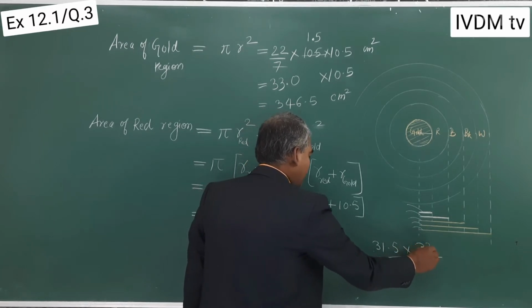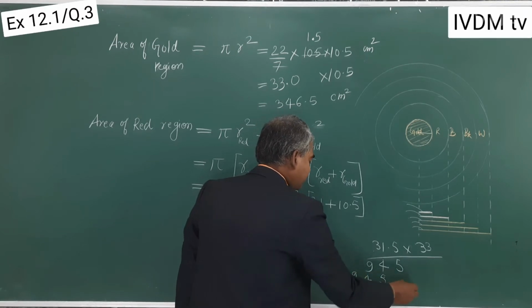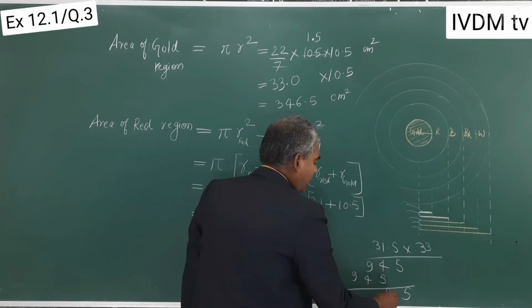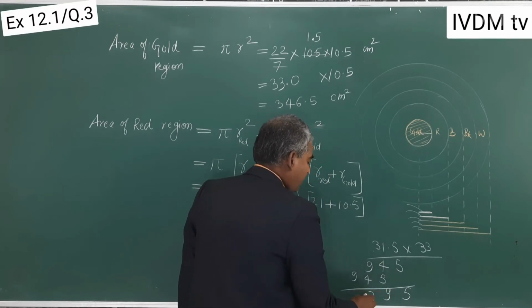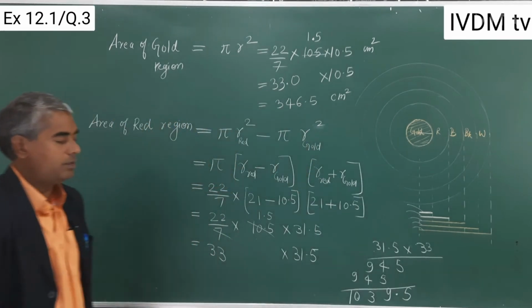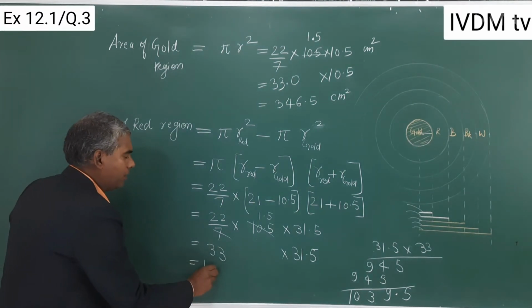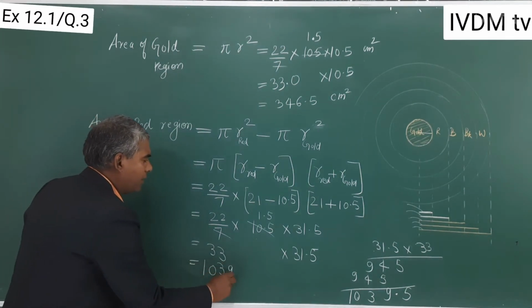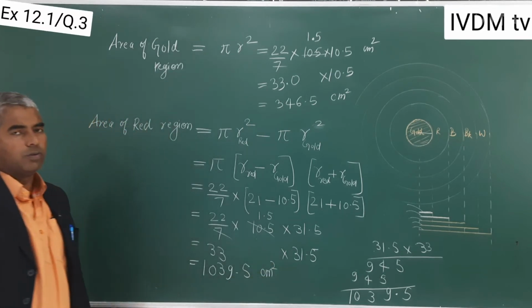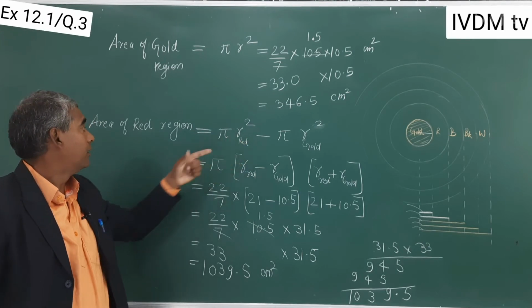Then again 3, 5, 4 and 9. Adding gives 1039.5 centimeter square.